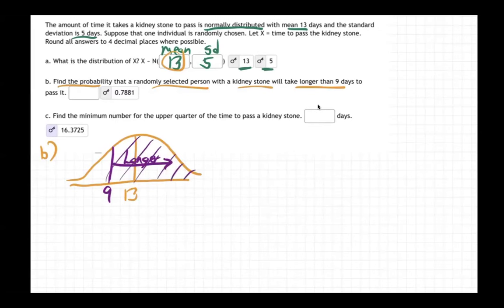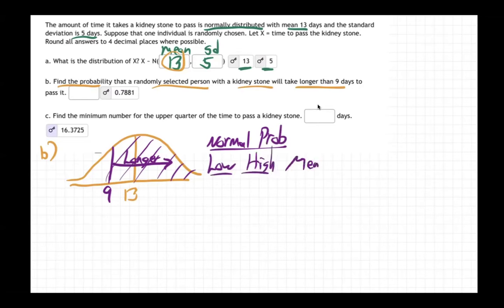So we're going to go to the normal probability calculator. It's going to ask us for the low, the high, the mean, the standard deviation, and the P. We fill in 4 of them.